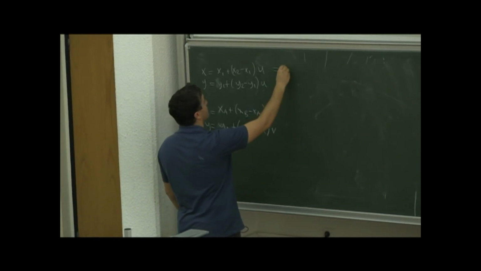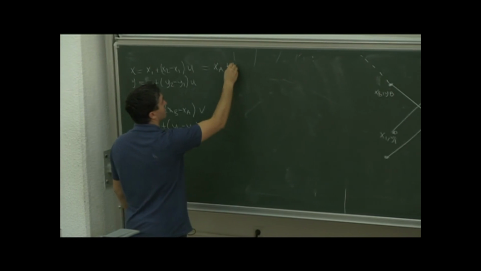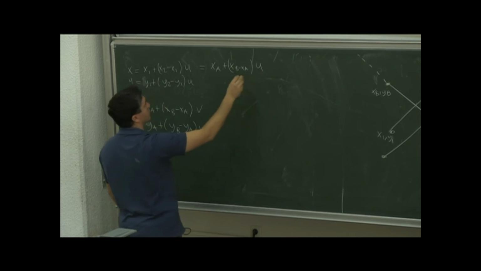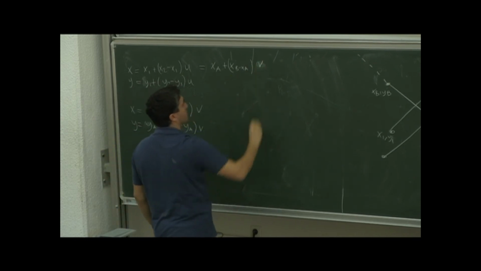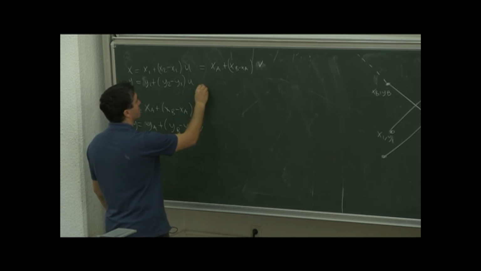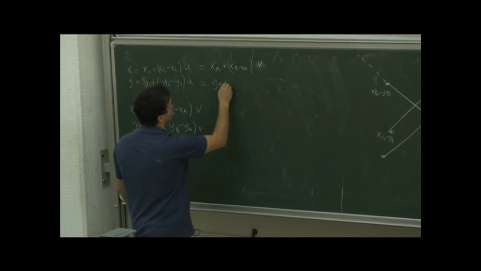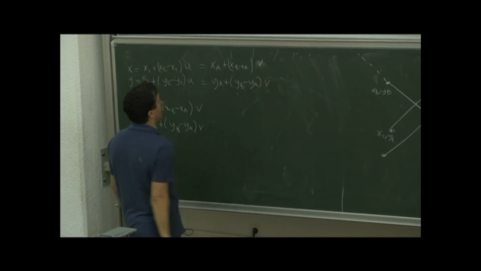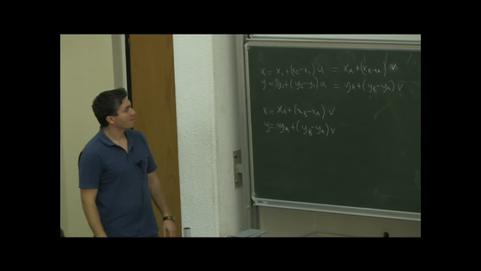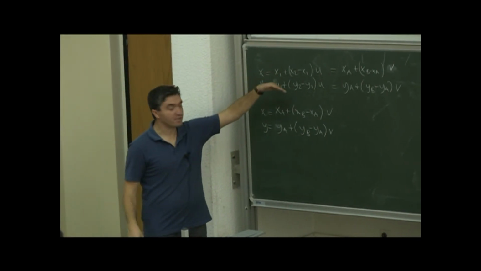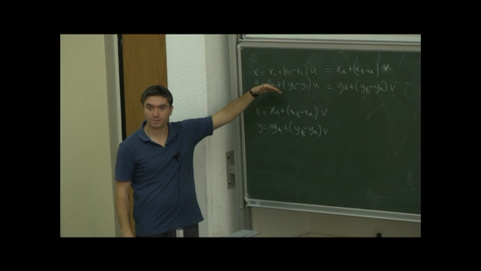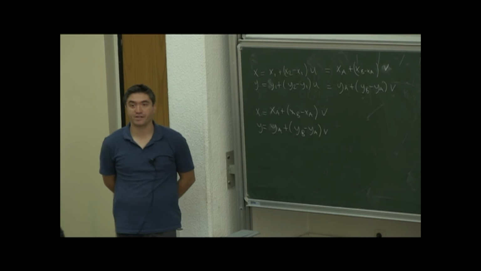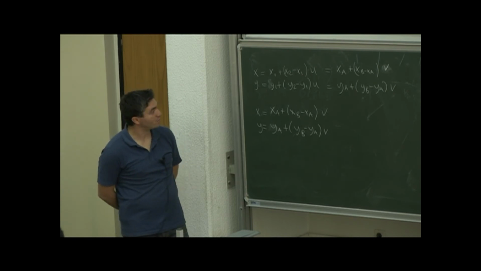So xa plus (xb minus xa) v, and ya plus (yb minus ya) v. What we have here are two equations with two unknowns. So we need to solve a system of equations here, two equations with two unknowns.